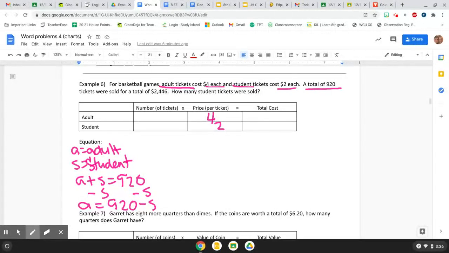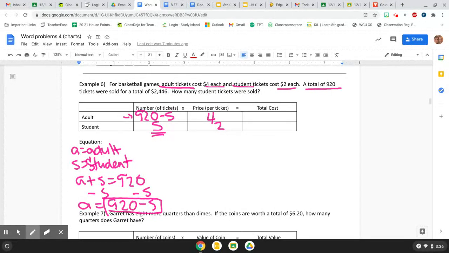So the number of student tickets sold would just be S. But then there's 920 in all, so 920 minus however many student tickets there are, we would be left with how many adult tickets there are. And that's what this 920 minus S gives me. Here's the number of student tickets, and with the adult ones, here's the total minus the number of student ones.